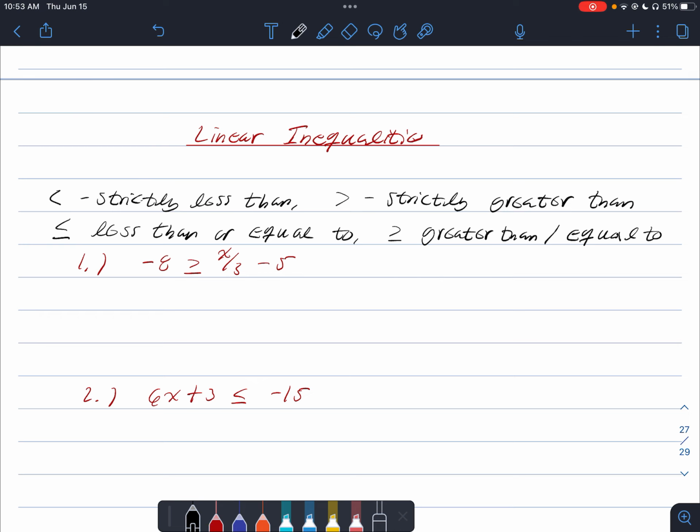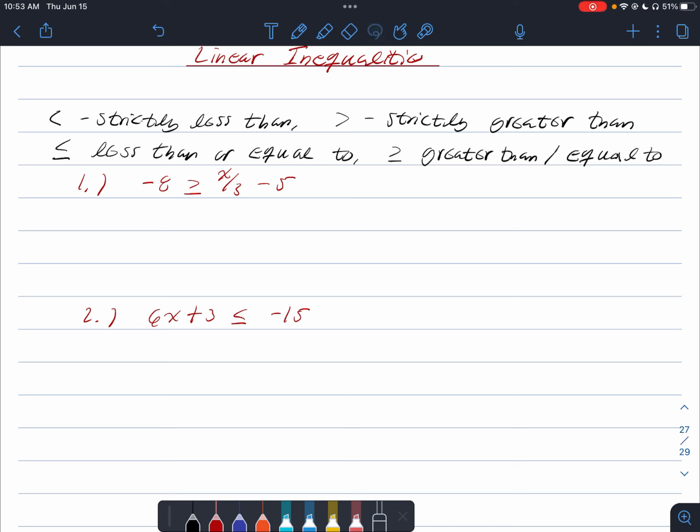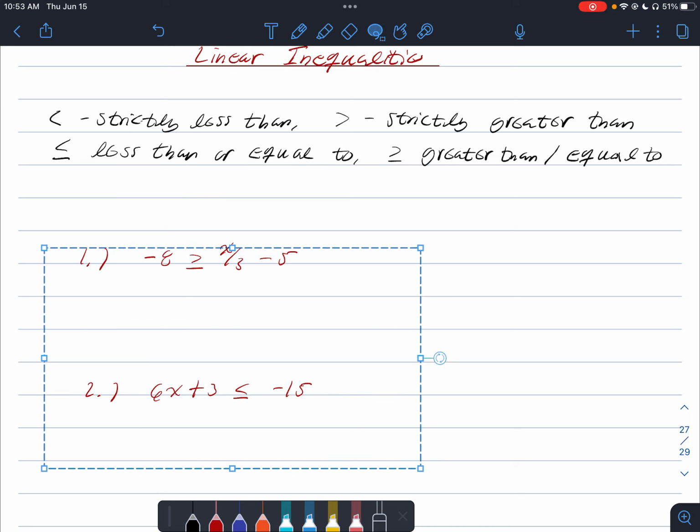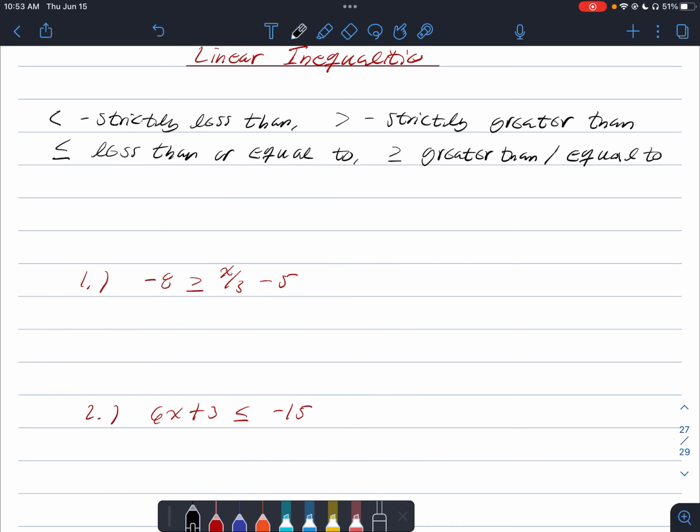If we have something like x is strictly greater than 7, we can think of this as all x values greater than 7.